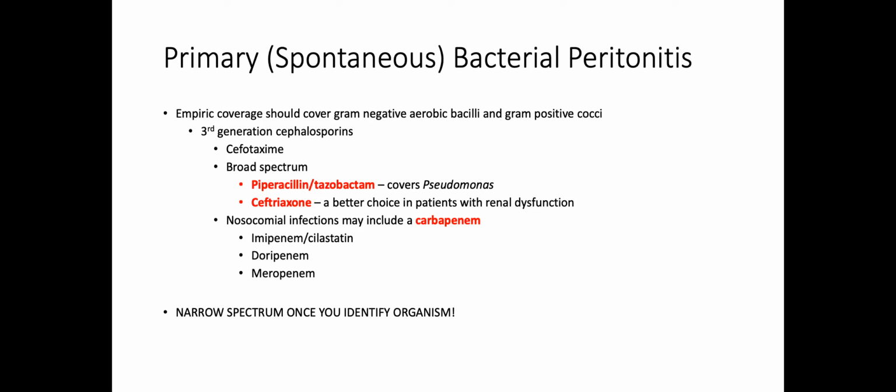Nosocomial infections can include carbapenems like ertapenem, doripenem, or meropenem. Remember always, always, always, if you give a broad spectrum antibiotic, once you get the susceptibility back, narrow your spectrum.